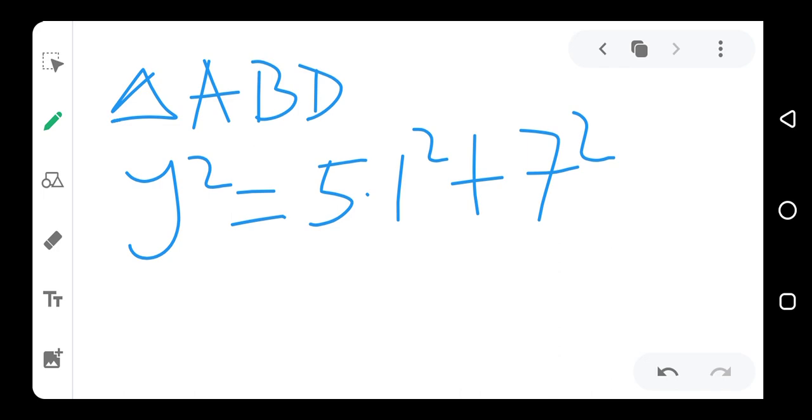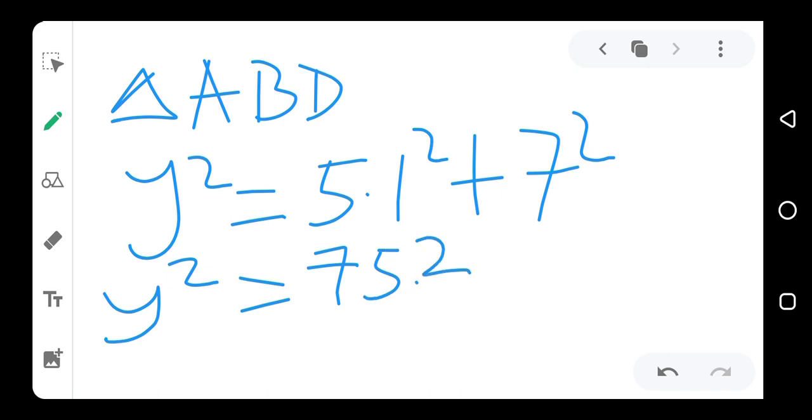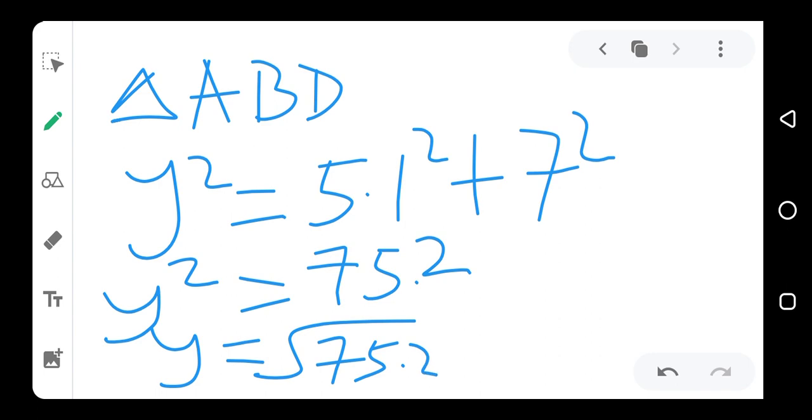So what is that going to give us? y squared is equal to around 75.2, and that means y is equal to root 75.2, which is equal to 8.7.